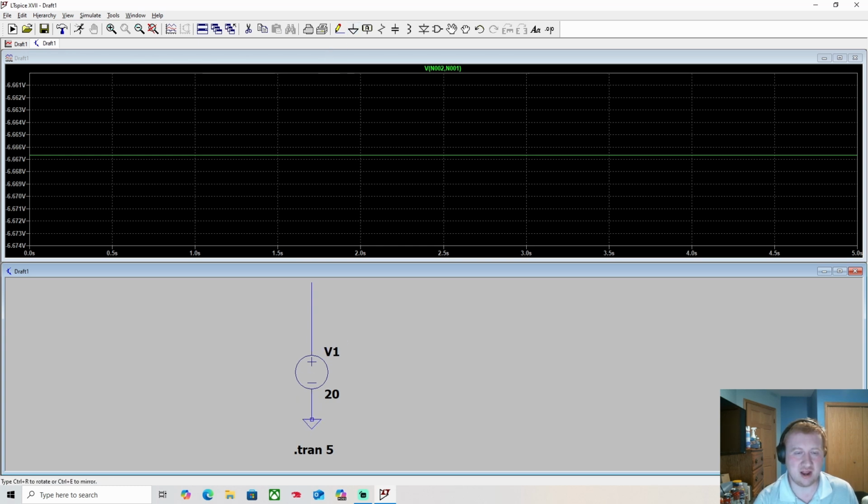So they would have something like this, and then a bunch of resistors and maybe some capacitors and stuff like this.